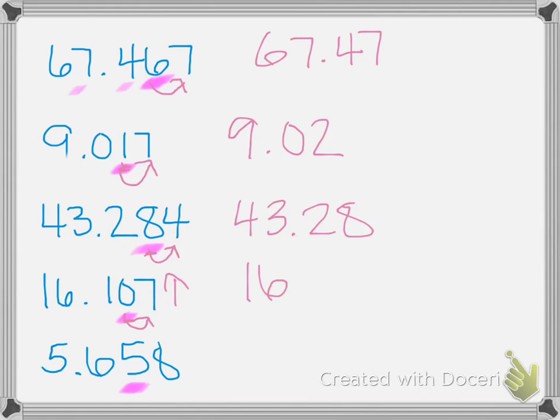So we round our 0 up to a 1, so we have 16 and 11 hundredths. Our last one, 5 and 658 thousandths. We're paying attention to the 5, so we look to the right, which is an 8. Again, since it's an 8, which is more than 5, we round up. So our answer would be 5 and 66 hundredths.